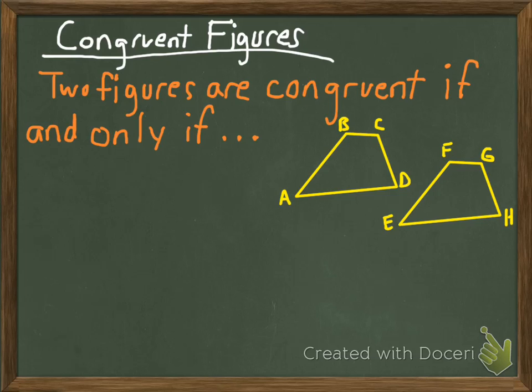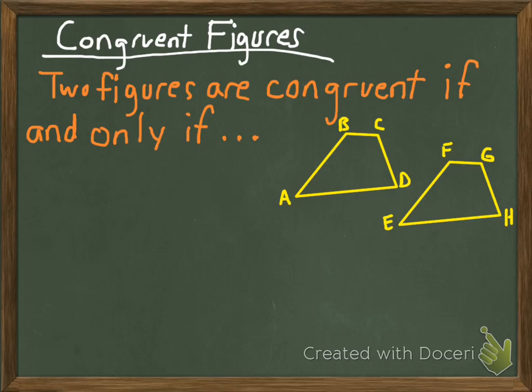Now, you're used to the term corresponding angles in regards to two lines cut by a transversal. Now we're going to use the word corresponding in a whole different context, in which we might be referring to corresponding sides of a figure or corresponding angles of a figure. Corresponding sides would be two sides that are in the same position on two different figures.